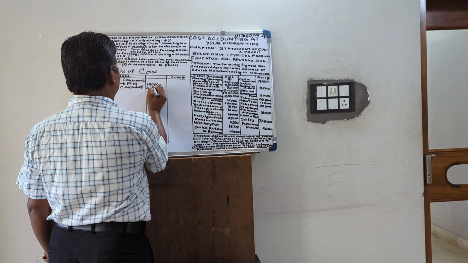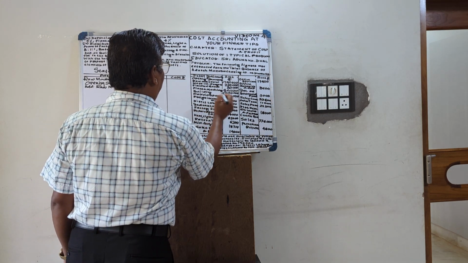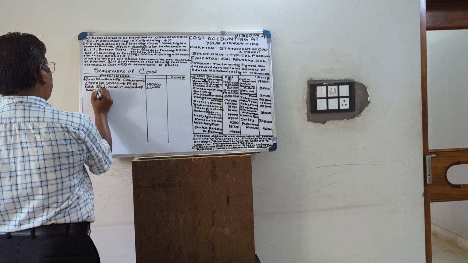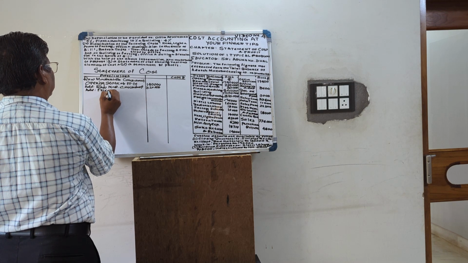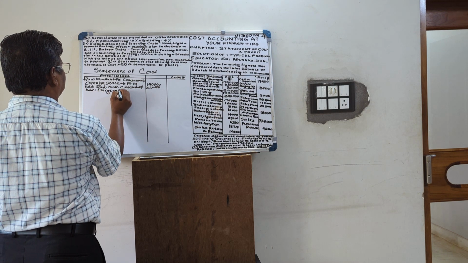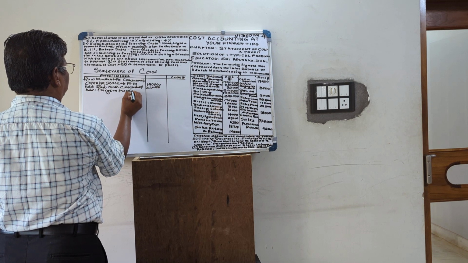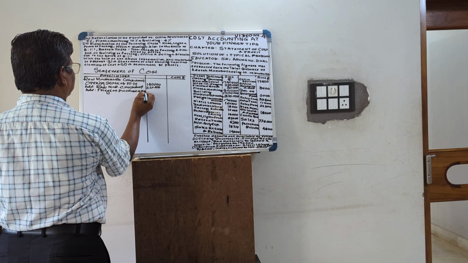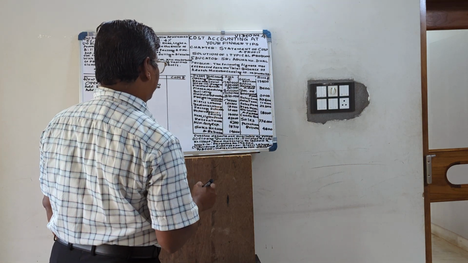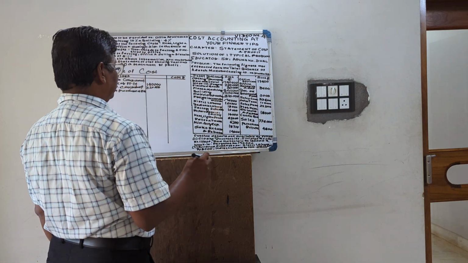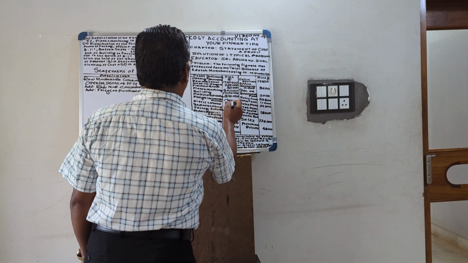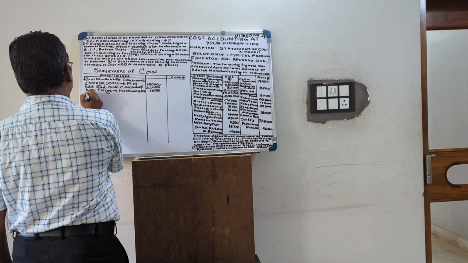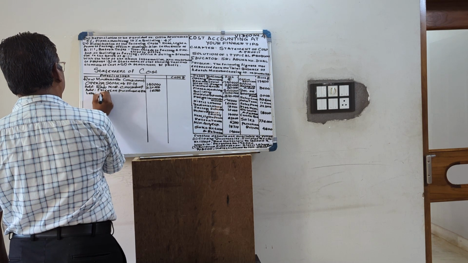So 3,20,000. Add freight on purchase of raw material. Freight on purchase of raw material is 16,000.